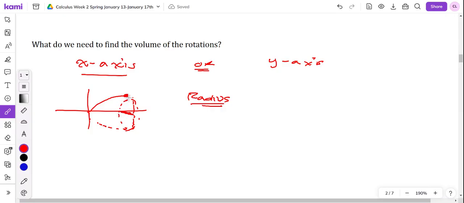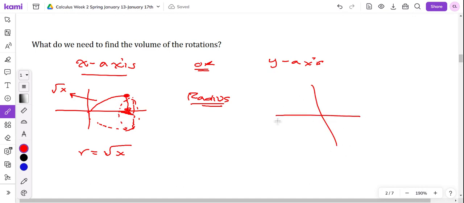It's just going to be from the x-axis up to the function. So our radius is r equals the square root of x, because that's what this function is. That's for the x-axis, so it's really crucial we find out where we're rotating so we can draw this.